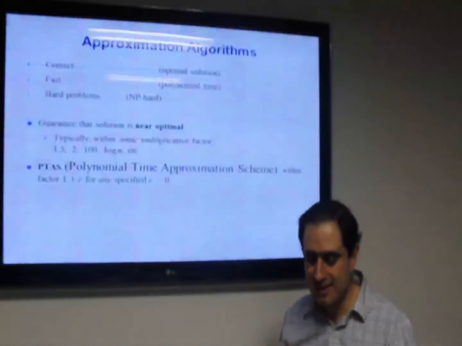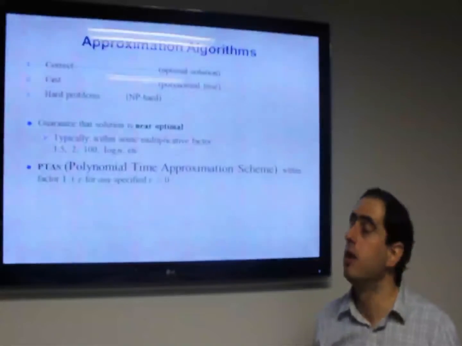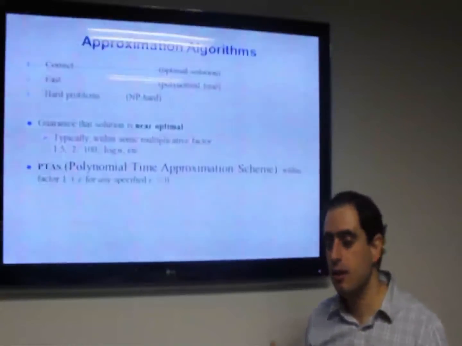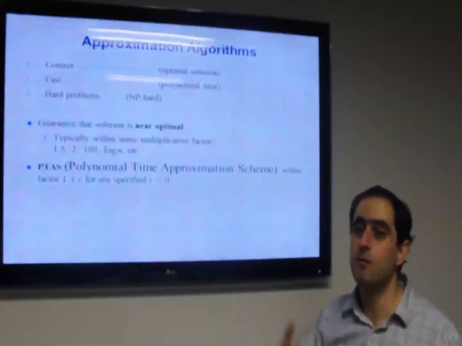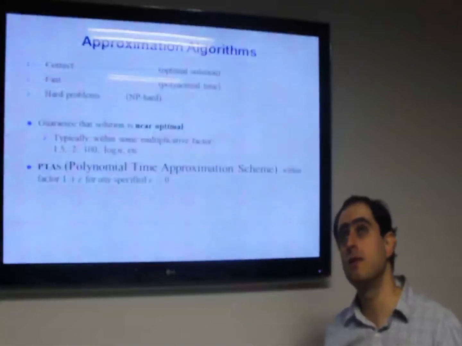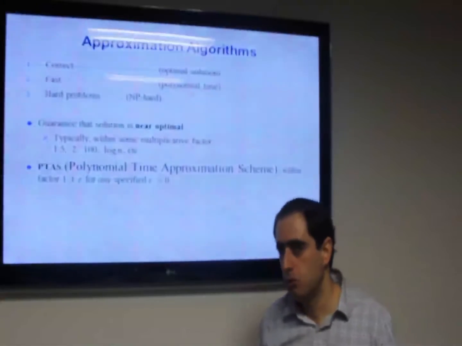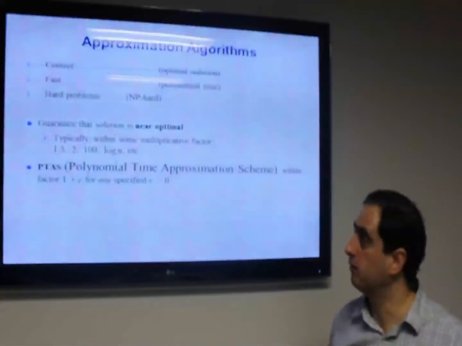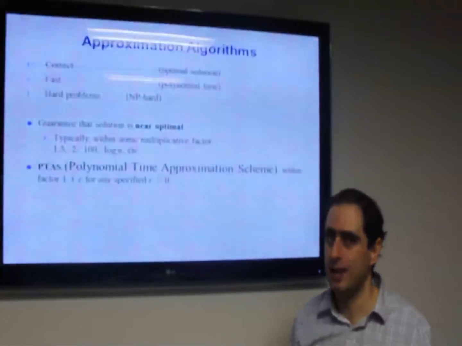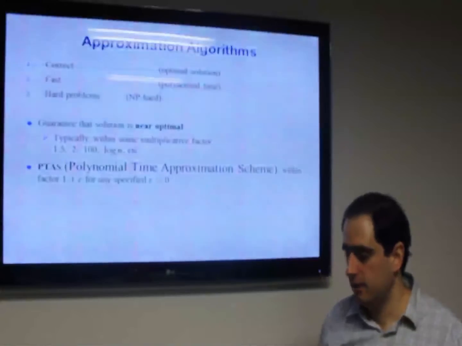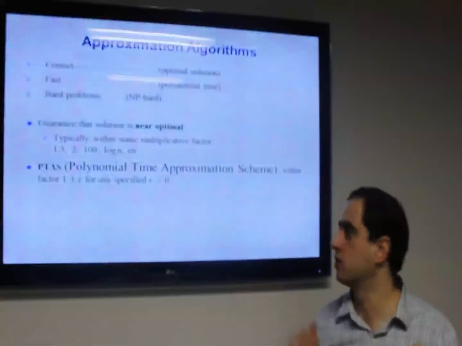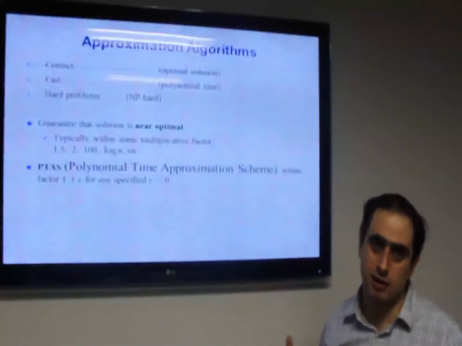But the catch is that when epsilon becomes small, the running time of this algorithm is usually proportional to 1 over epsilon, or something like 2 to the 1 over epsilon. And if epsilon becomes very small, then 2 to the 1 over epsilon becomes very large. That's the reason that we cannot get it for lots of problems.